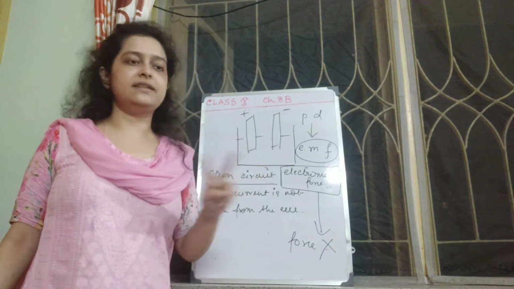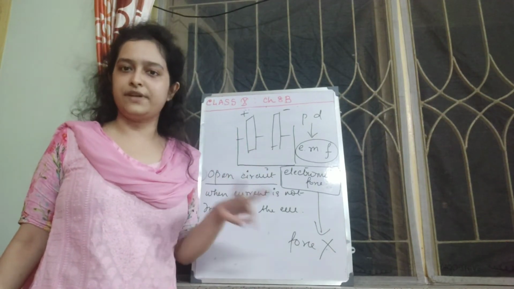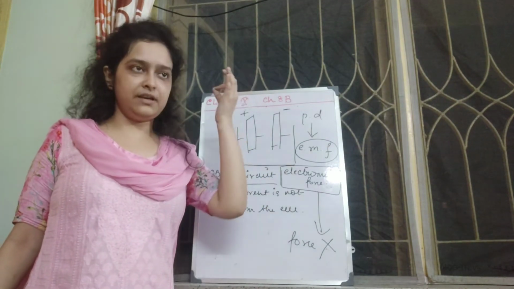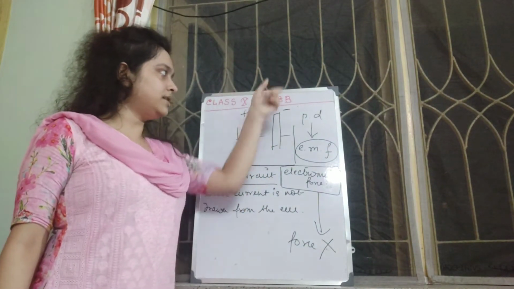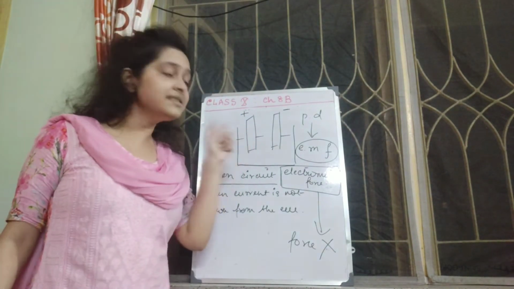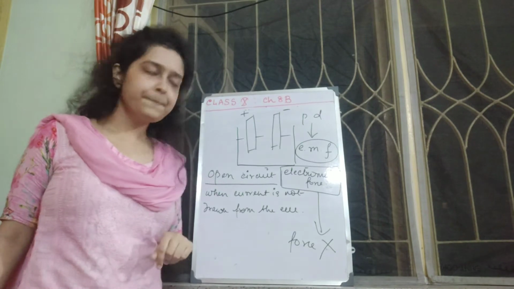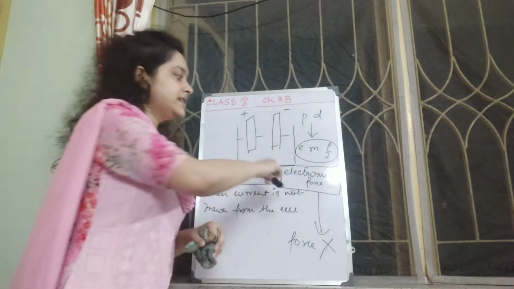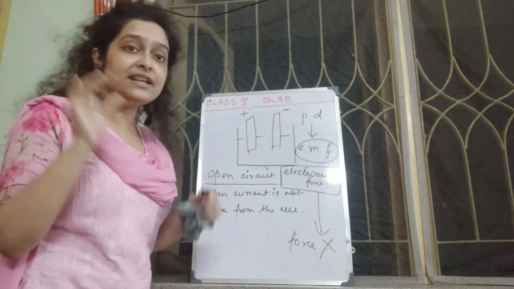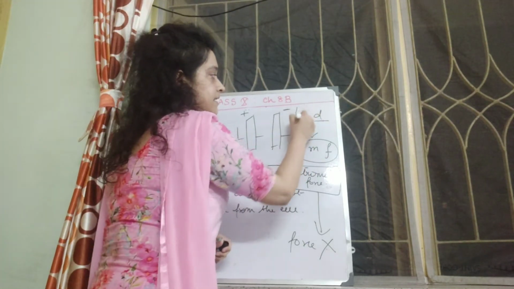Due to this potential difference established in a cell, if we connect to an external circuit, current will flow due to this EMF. So that's why we call it electromotive force, but it's not a force, it's the potential difference.